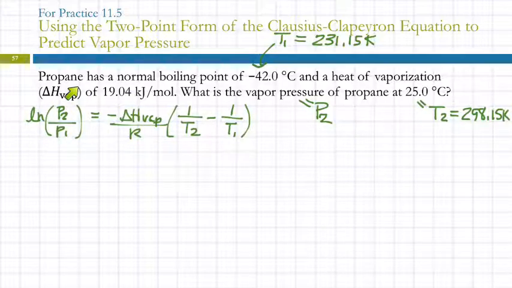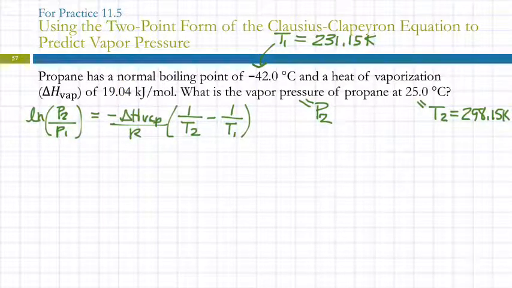They gave us the heat of vaporization. What are we missing? Well, we've got T1 and T2. We're looking for P2. What's P1? 1 atmosphere. So this temperature is the normal boiling point.